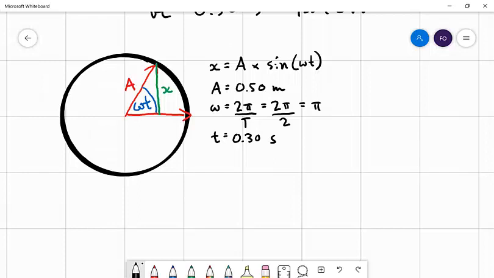So now we'll just plug those numbers in. This x is going to be equal to the amplitude, 0.50, times sine of omega t, so that's 0.3 times pi. And it's important that we keep working in radians. You can do all of this in degrees, but it will be easier if we work in radians now, because we're going to need to later.